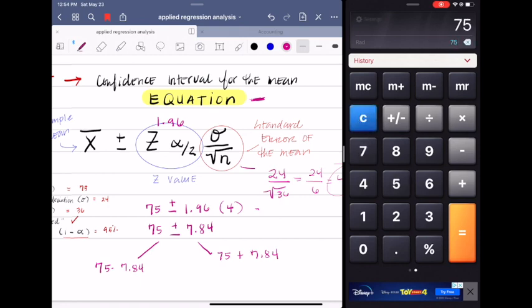So 75 minus 7.84 equals 67.16. Now 75 plus 7.84 equals 82.84.